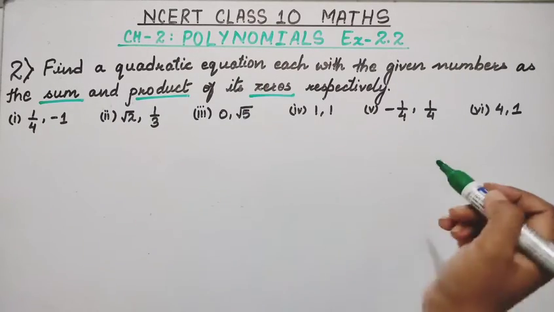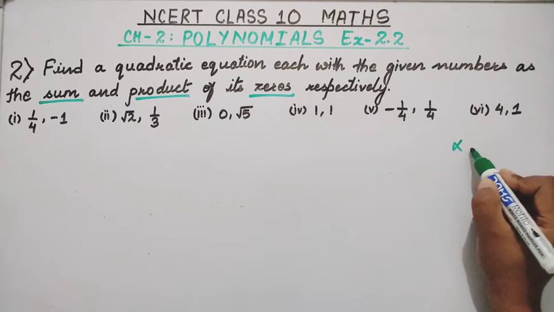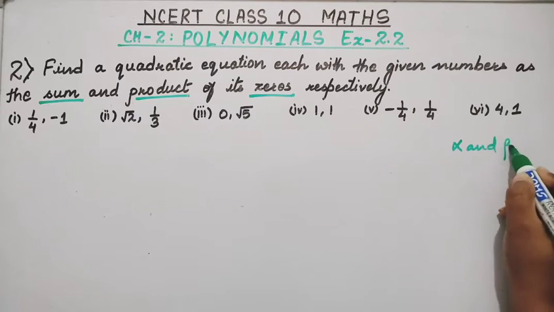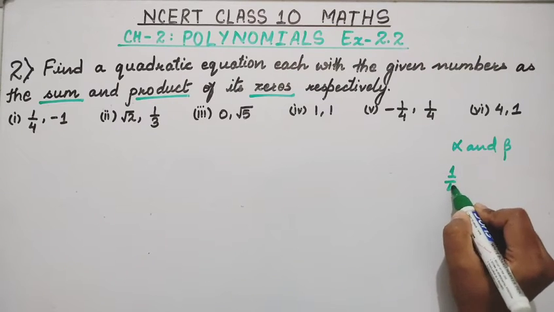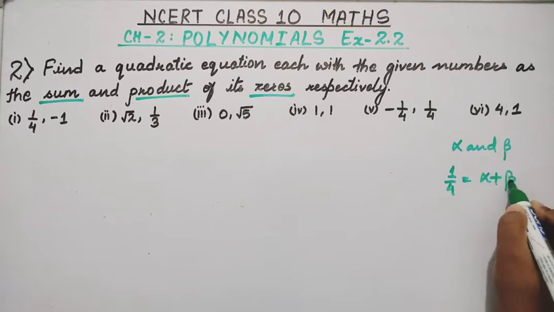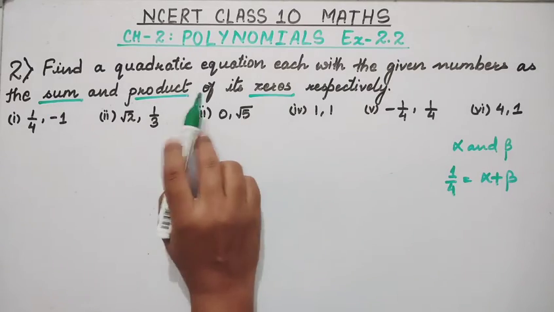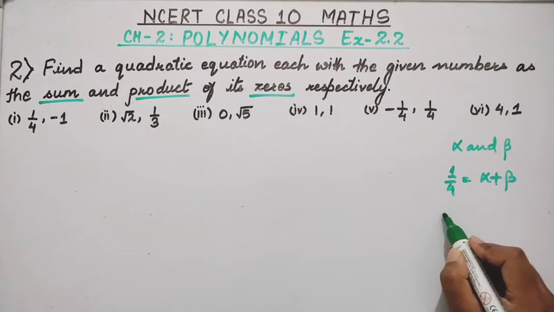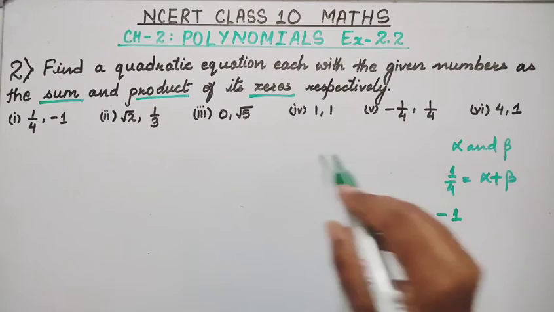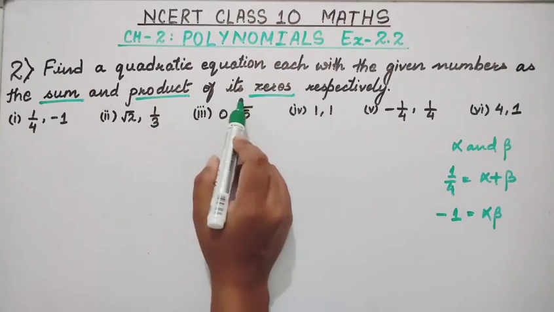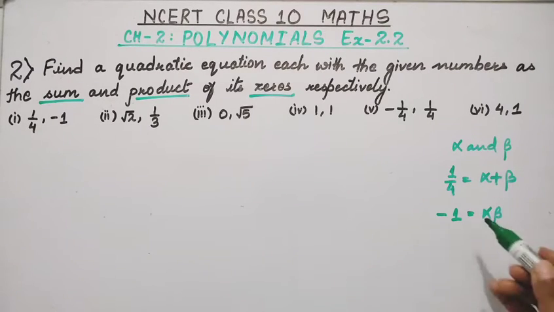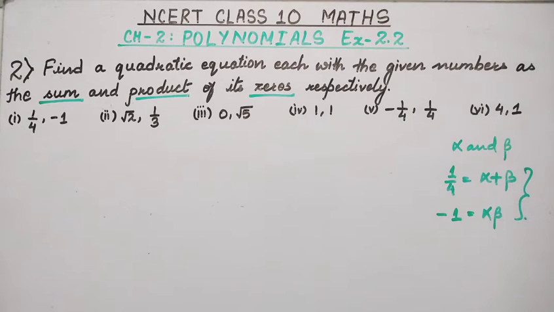Let's say the zeros are alpha and beta, then this 1/4 would be alpha plus beta, which is the sum of its zeros, and -1 is alpha beta, which is the multiplication, that is, the product of its zeros. Now using this sum and product of the zeros, we have to find the quadratic equation.